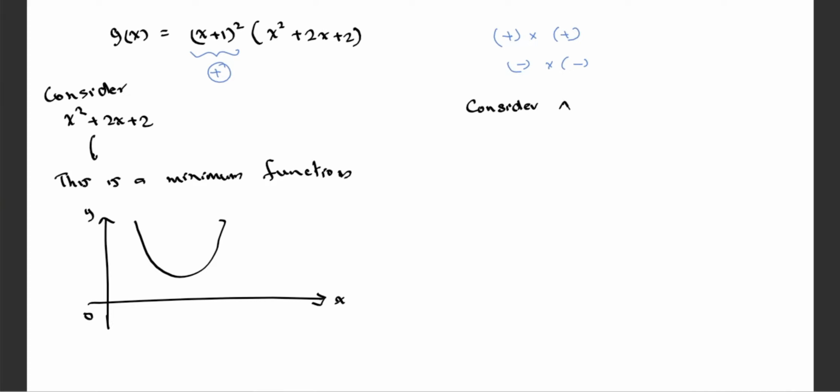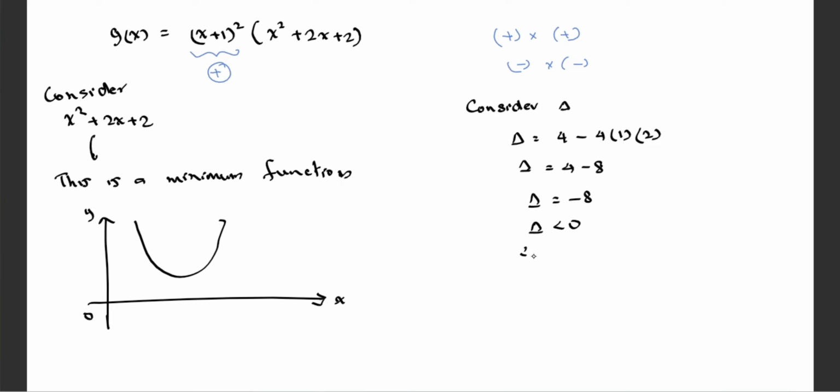Consider delta. Delta equals b squared minus 4ac. Delta is 4 minus 8, so delta is minus 8. So our prediction is correct.